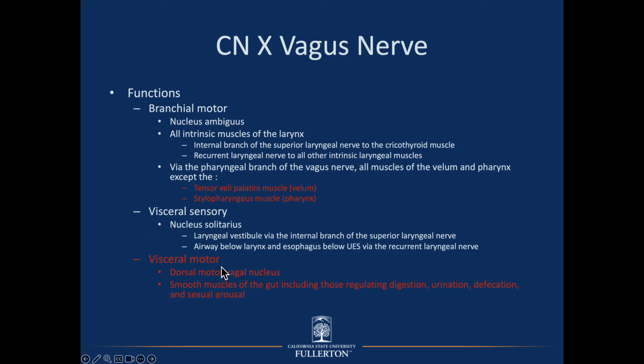All right, there's a visceral motor component. I put it in red because we're not going to study it. It's the dorsal motor vagal nucleus, and it's really, really important, but not for us. It's a nucleus in the medulla that carries motor neurons to smooth muscles that regulate digestion, urination, bowel movement, sexual arousal.